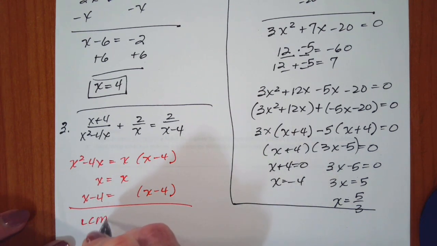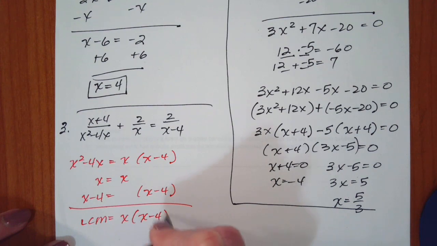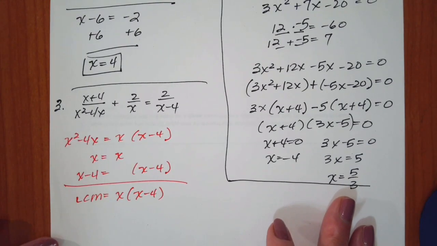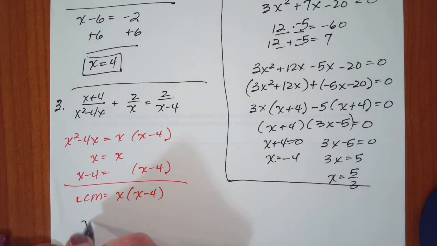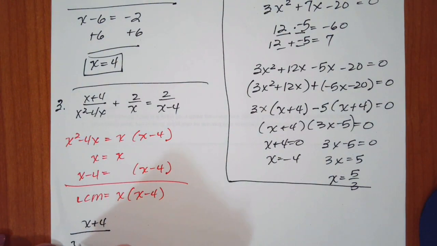So my least common multiple is going to include an x and an x minus 4. Okay. Well, my first term here is already (x plus 4) divided by x times (x minus 4). So I don't have to do anything with that.